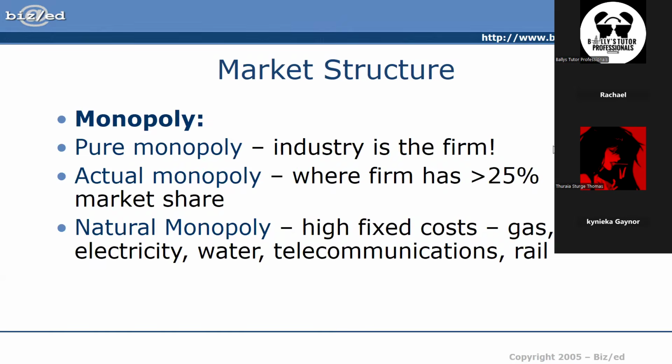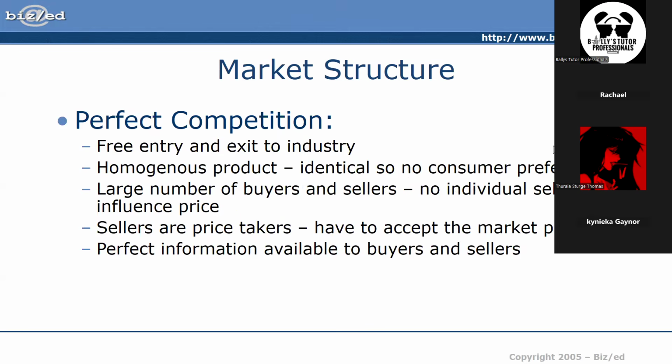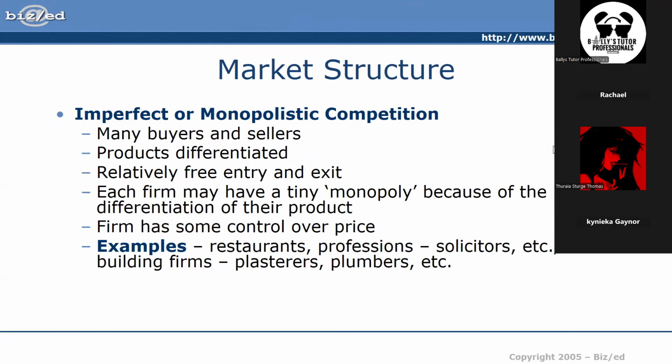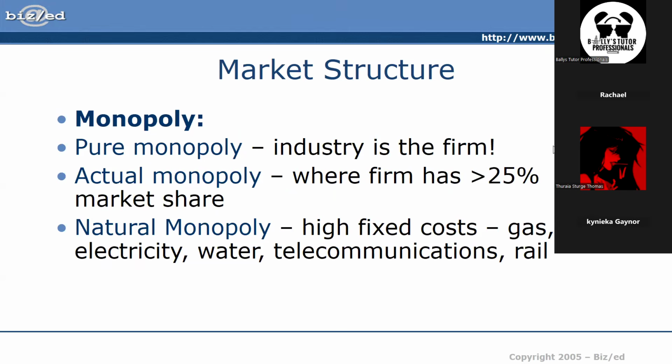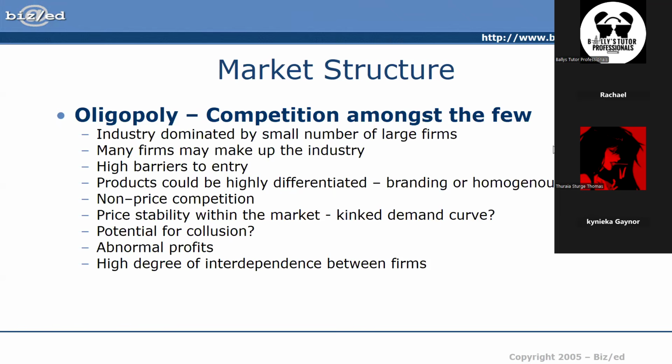But those are the four market structures you'll need to know: perfect competition, monopolistic competition, oligopolies, and monopolies. Now, within oligopolies there is a section known as a duopoly. A duopoly is when there are just two firms in the market. So a monopoly is one, a duopoly is two. That is just something for you to take note of.